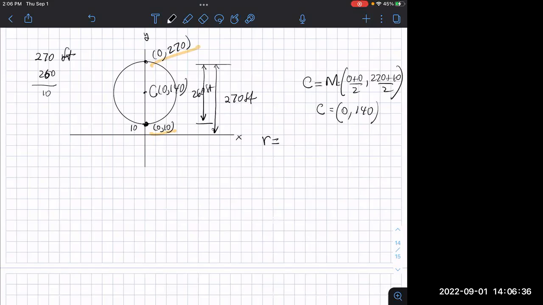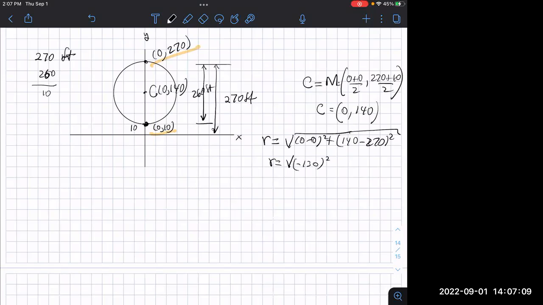The radius is the distance formula: the square root of (0 minus 0) squared plus (140 minus 270) squared. 0 squared is nothing, and 140 minus 270 is negative 130.